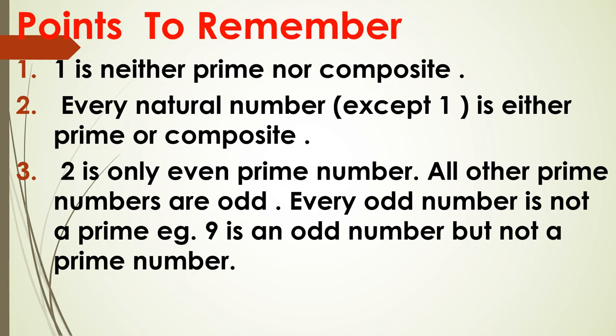Because the factors of 9 are 1, 3 and 9. So except 2, all other prime numbers are odd. But we can't say that every odd number is a prime number.